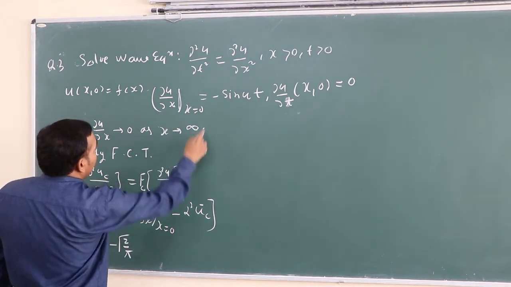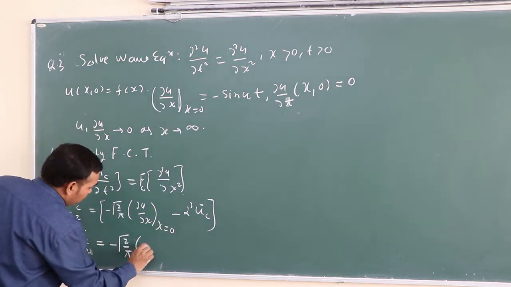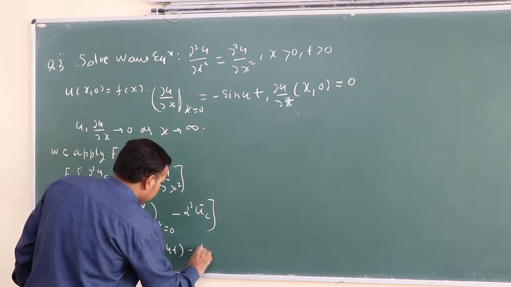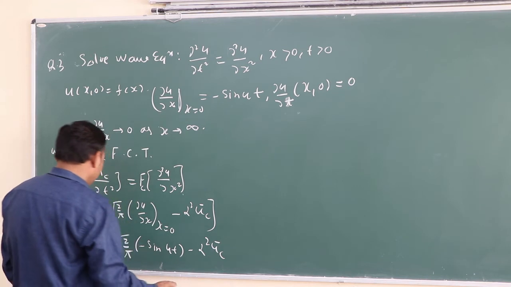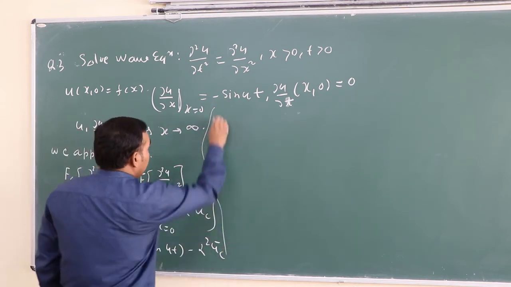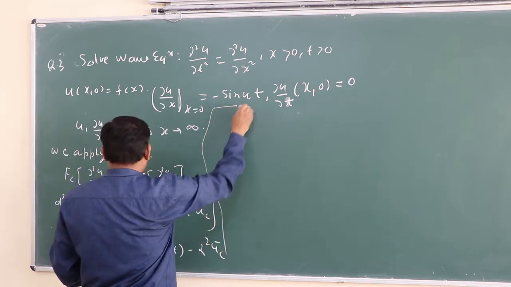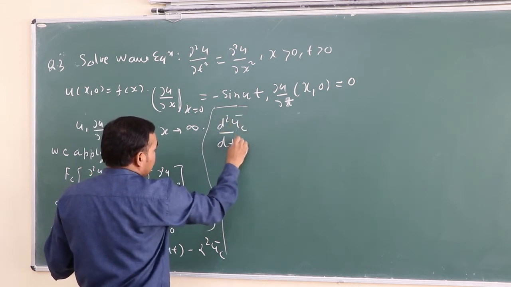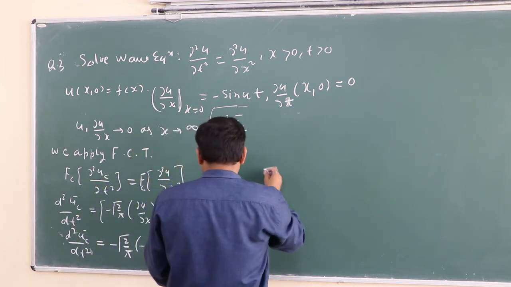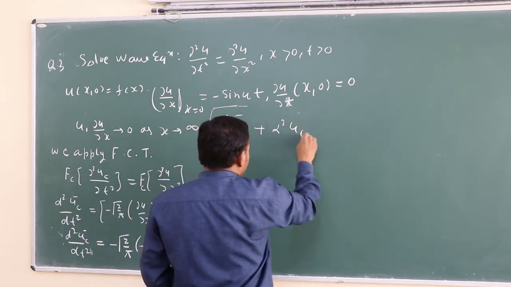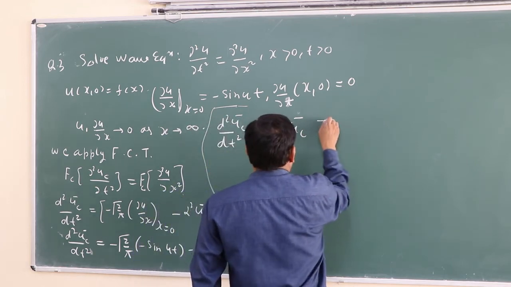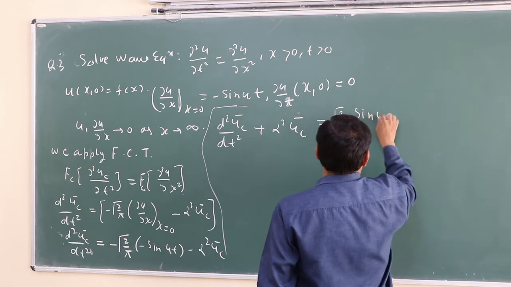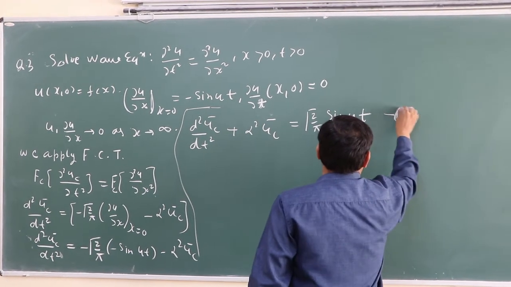Given that del u upon del x at x equal to 0 is sin 4t, this can be written as d square u_c upon dt square plus alpha square u_c bar equal to under root 2 upon pi sin 4t. Say this is equation 1.